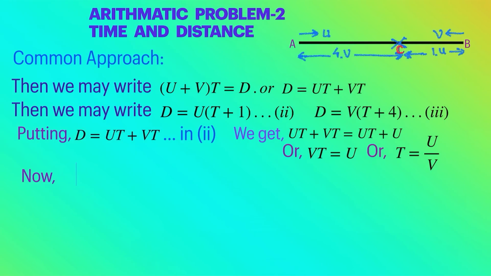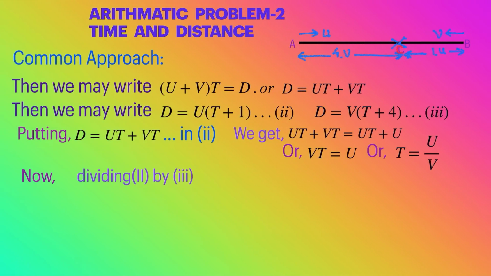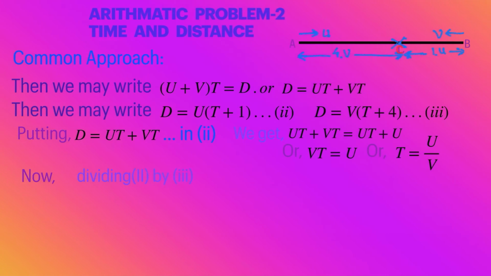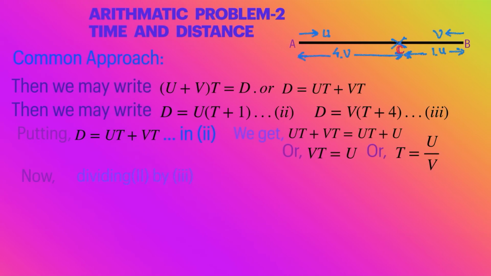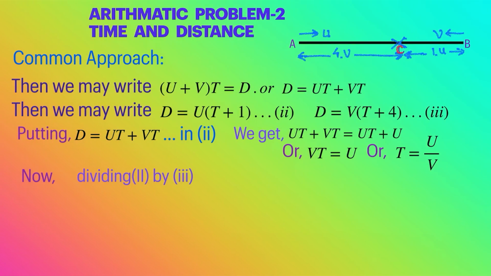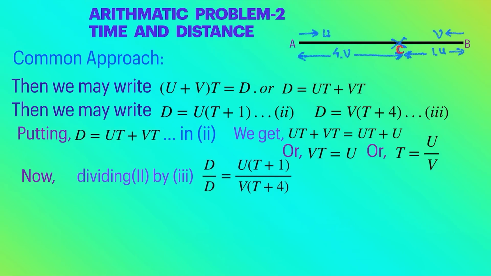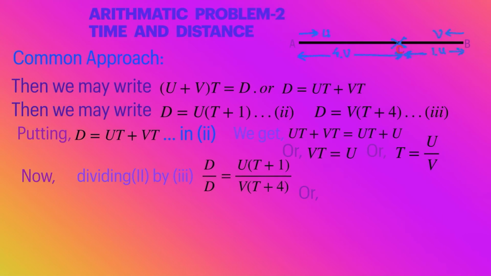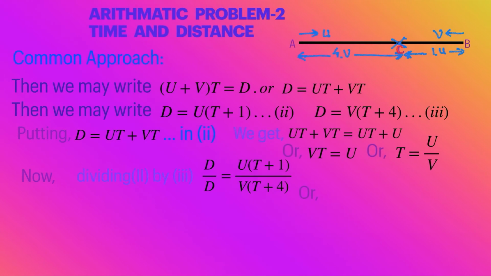Now dividing equation number 2 by equation number 3, we get d by d equal to u into (t plus 1) divided by v into (t plus 4), and d by d equals 1.